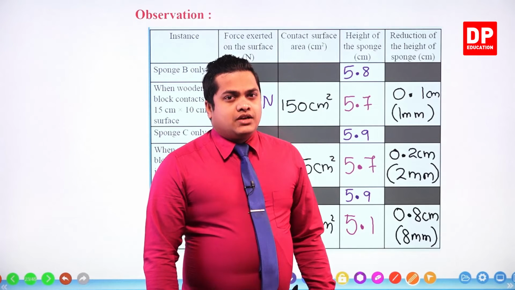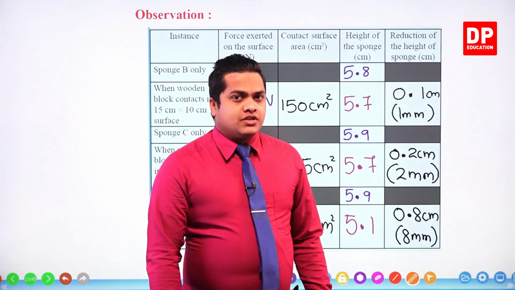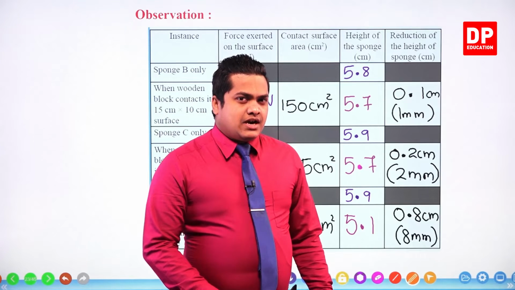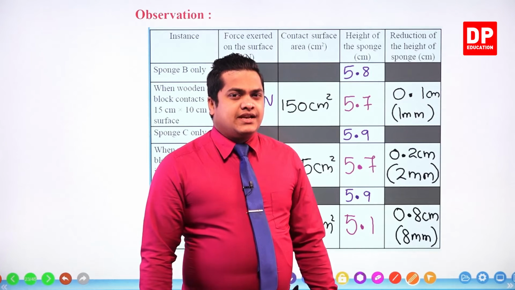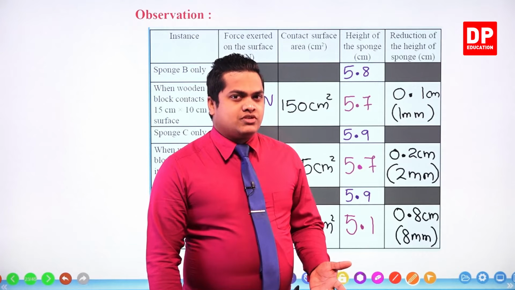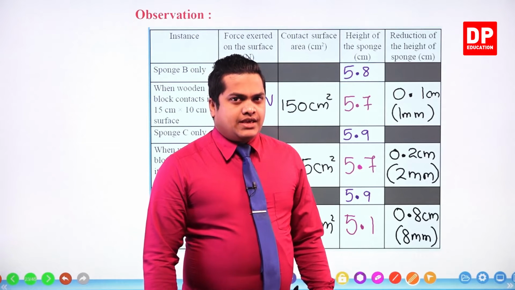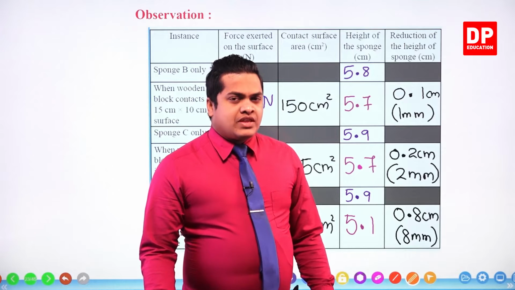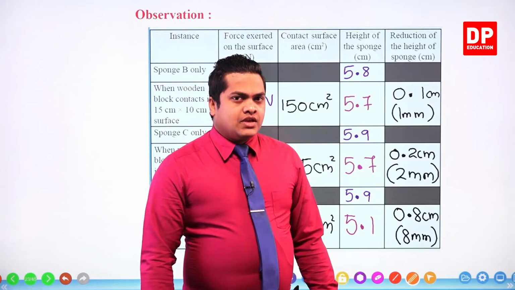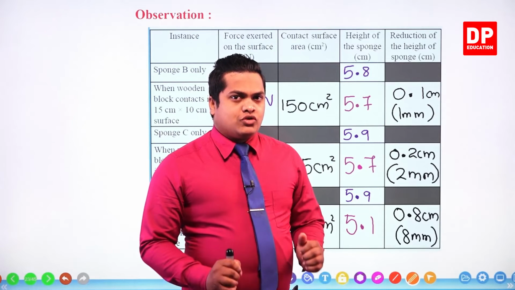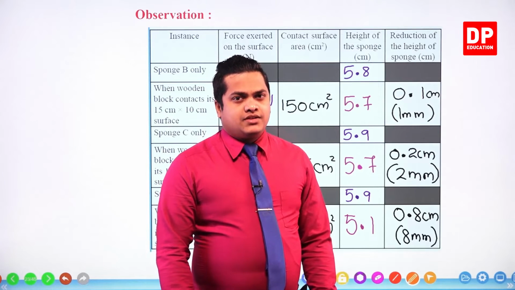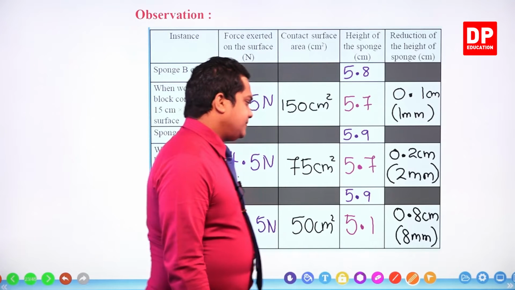So this is the final conclusion from the activity, my dear children. It's quite obvious to us that surface area and the pressure which is created have an opposite relationship. When the surface area is high, pressure acting is low. When the surface area is low, pressure acting is high. These two quantities show an opposite relationship.